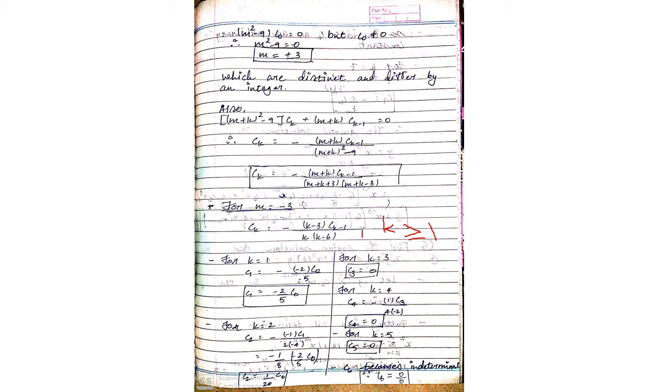So minus minus plus, and this one minus, so the negative term will be there, and c1 equals −2/5 c0. Same, putting k equals 2, c2 equals this one. At the last you will get c1, and c1 you have already found, −2/5 c0. So at the last you can find the value of c2 as c0/20.